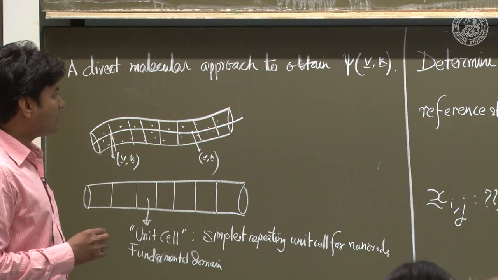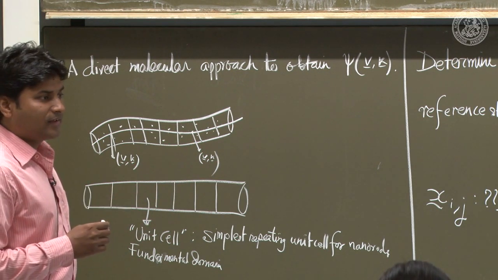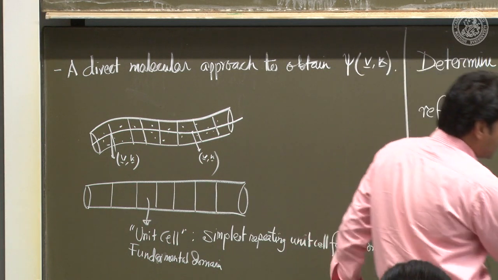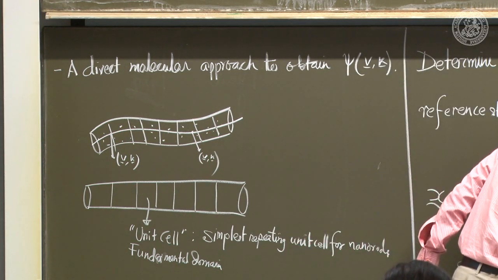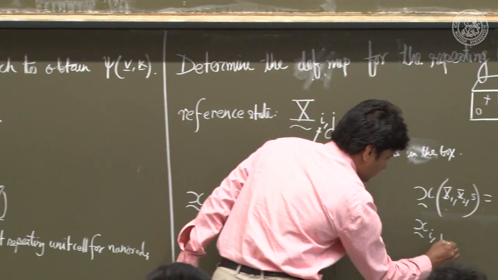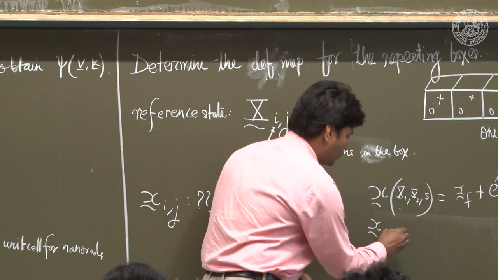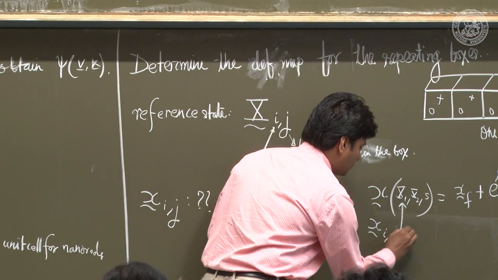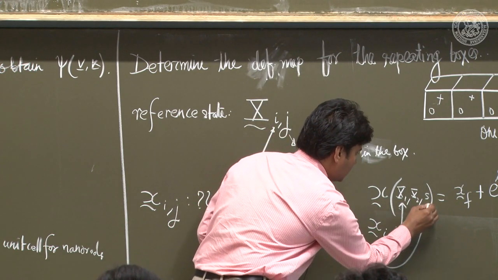Can you think of what we can do? You know, this thing is like your little x I comma j, J denoting your x1, x2, and I denoting your s.